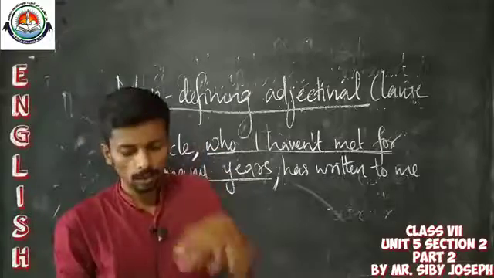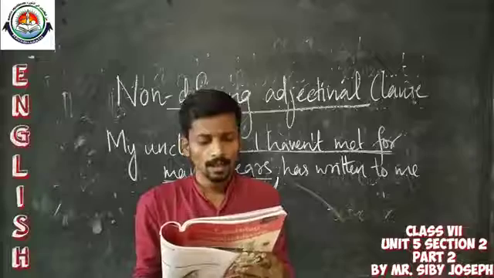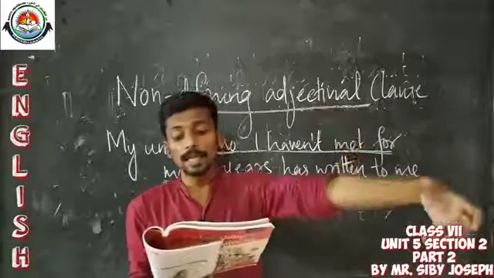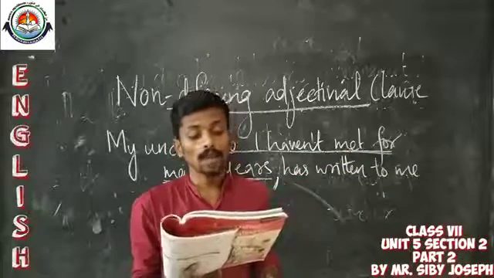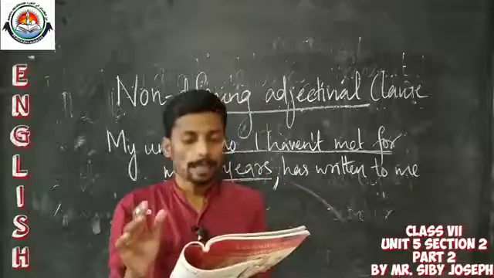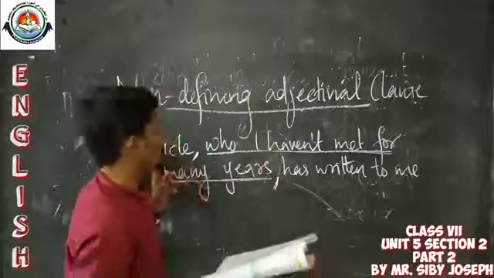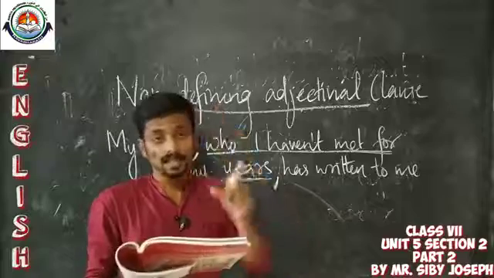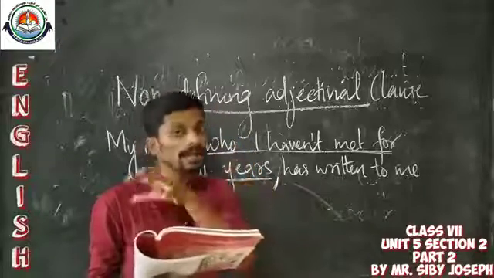Anyway, what you have to do here is combine a sentence from column A with a suitable sentence from column B using a non-defining adjectival clause. You have been given a model, and the model is this, my uncle. Look at the textbook. My uncle has written to me, that is the first part, and I haven't met him for many years, that is the second part.